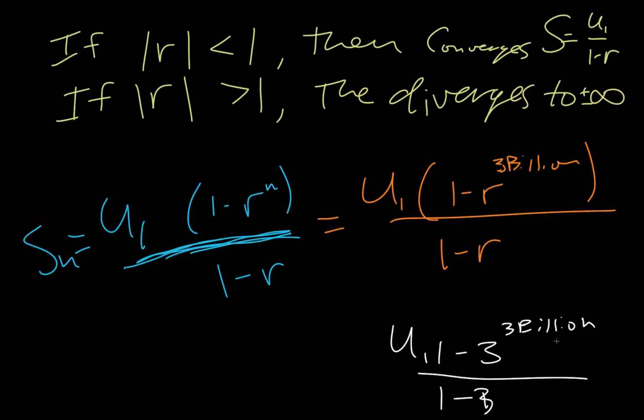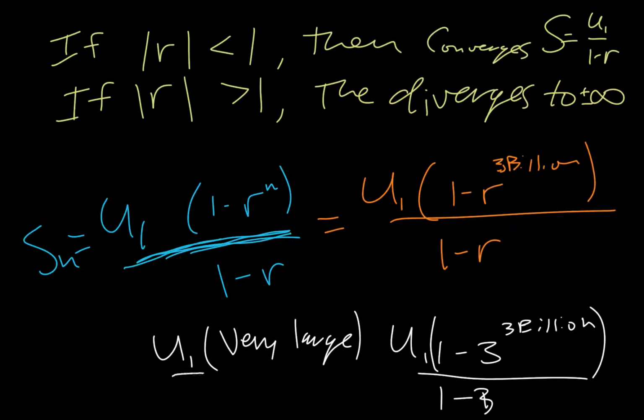And 3 raised to the 3 billion is going to be a very, very big number. 1 minus a very, very big number is just going to be a negative, very big number. So essentially, if we have u sub 1 times very large over negative 2, in this case, it would have been a very large negative number.